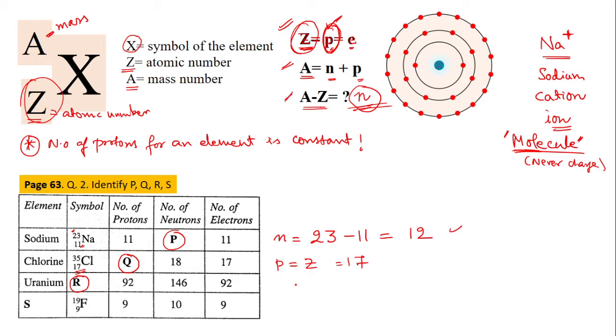See, in this formula we have written X is the element, down is Z, and Z is the atomic number. So first you start from the atomic number, Z. Down you have to write the atomic number. How will you find the atomic number? This is the formula: Z is equal to P.